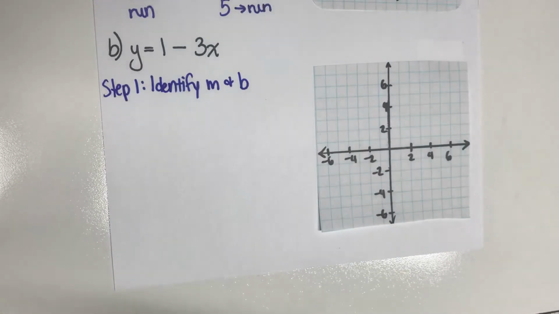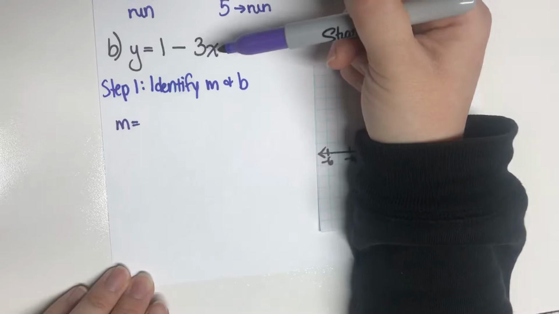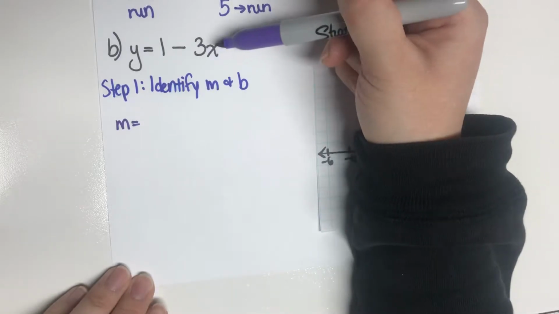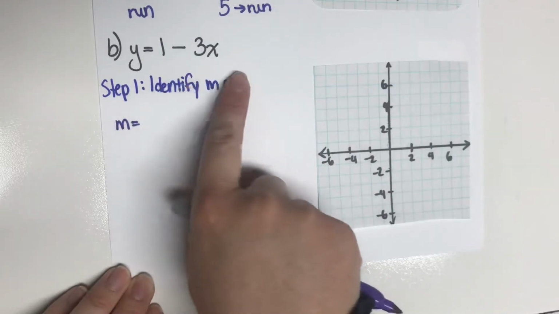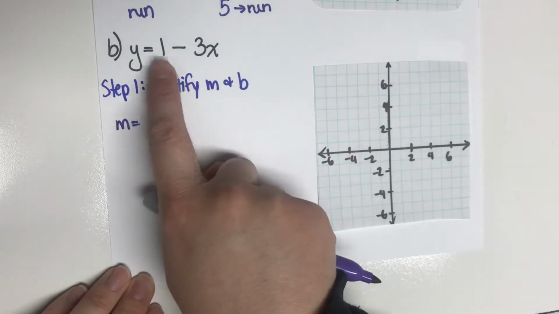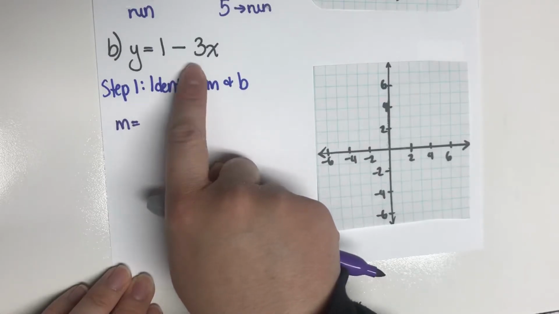My slope is whatever the coefficient of x is. Notice how here they're actually in opposite order. It's not y equals mx plus b. It's y equals b plus mx. I purposely did that just to show you not to get thrown off.